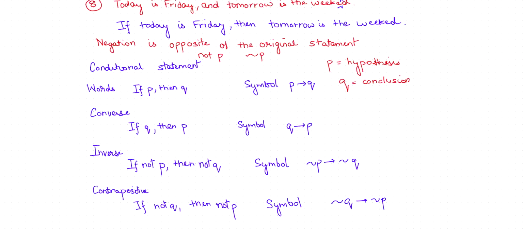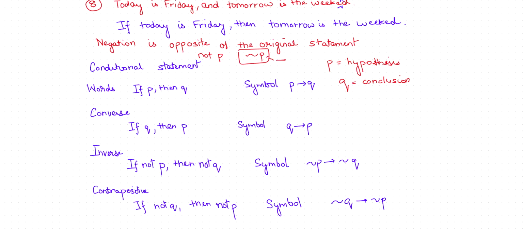So now another definition is negation. Negation is basically the opposite of the original statement, like not P. And this is the symbol of negation. Like, the sky is blue, and we can say the sky is not blue. So this is the negation symbol.